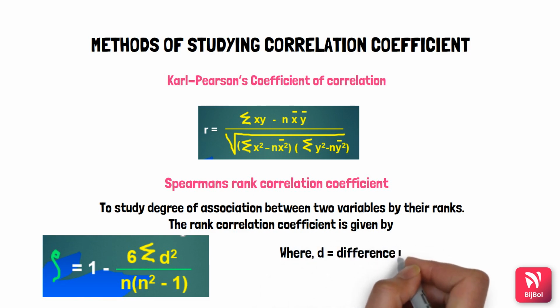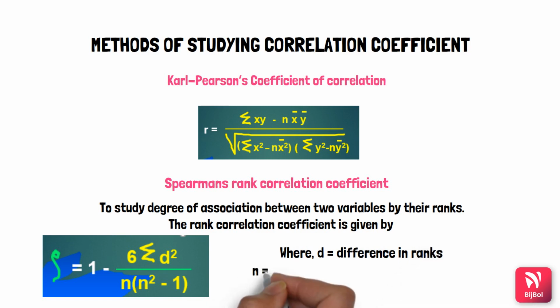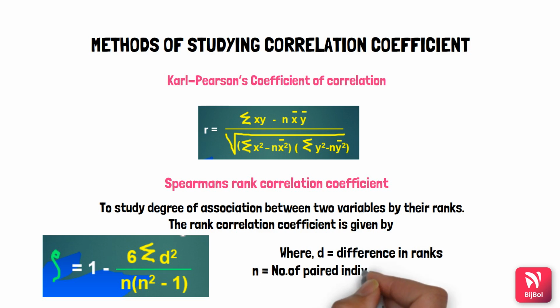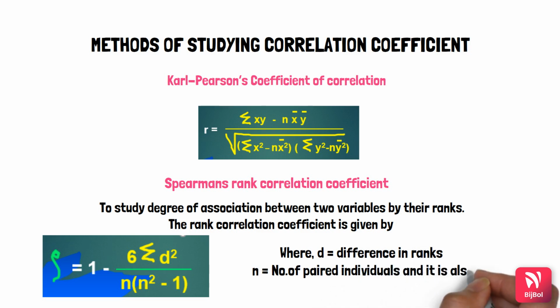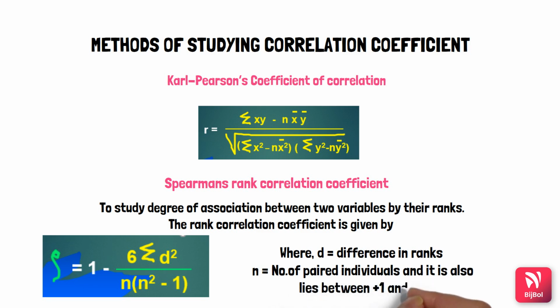So this is about correlation, that is the relationship or association between two quantitative variables if it exists. It can be positive, negative, zero, moderately positive and moderately negative correlation.